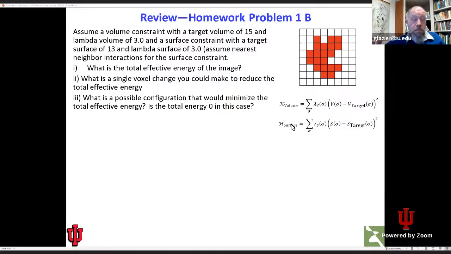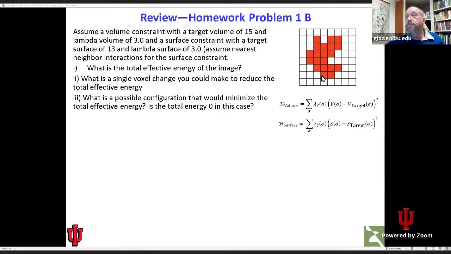For a given target volume, there's a reasonable range of target surfaces for which you can satisfy both constraints. If the target volume is too big compared to the target surface, you can never satisfy both. And similarly, if the target surface is too big compared to the volume, you can't satisfy both. And so there's a range over which both can be satisfied, and then if you make them too far out of whack, you can't.